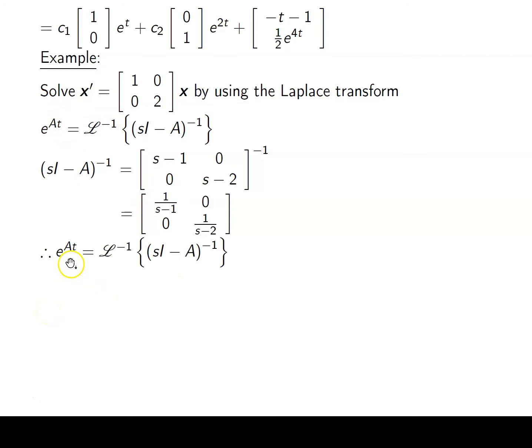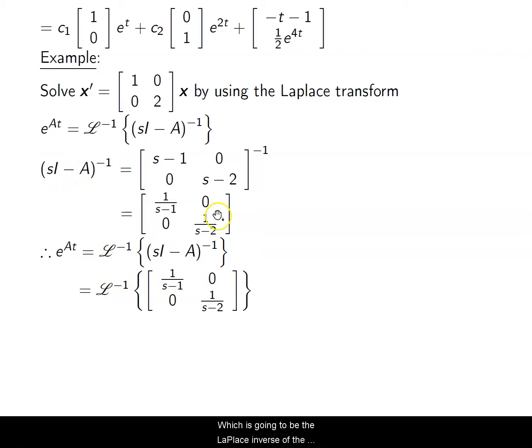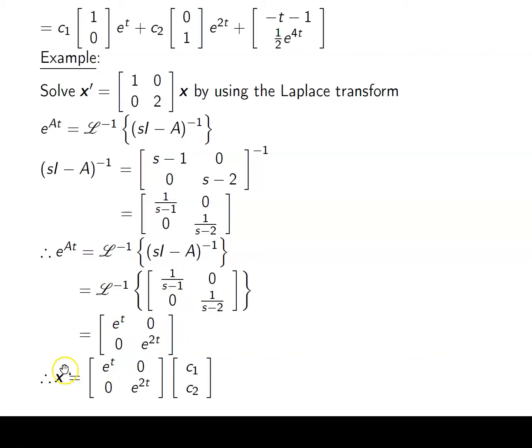So this means that e to the at is the Laplace inverse of this, which is going to be the Laplace inverse of the relationship, right? These two things are equal. So that's going to give me e to the t and e to the 2t. Therefore, my solution is e to the at that I found using the Laplace transform times c1, c2.